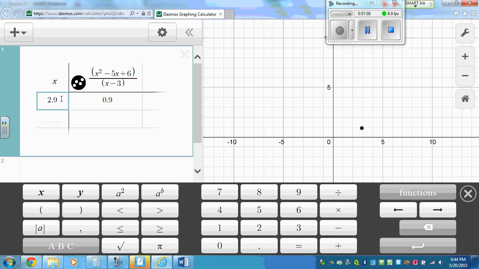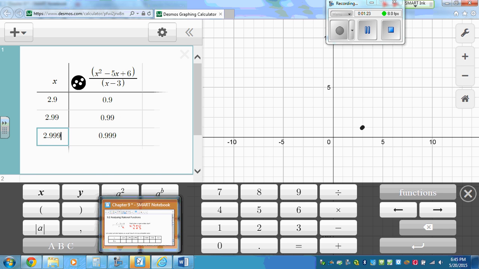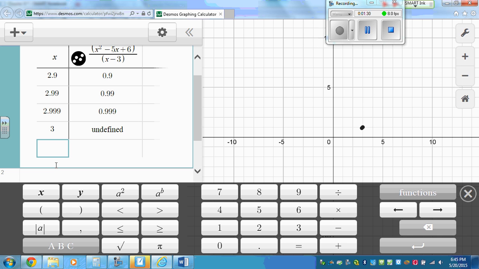So when I put in 2.9, I get 0.9. When I get 2.99, I get closer. 2.999, closer again. What other values did they want us to do? 3. Well, what happens when I put the value 3 in? Oh, undefined. Well, what if I get just a little bit more than 3?